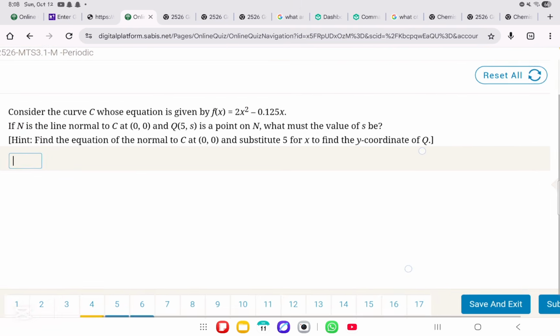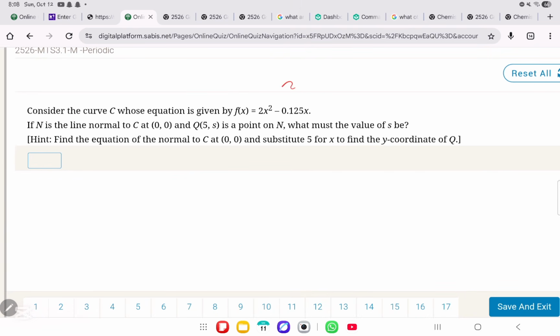We move on to question number 21. Consider the curve whose equation is given by this. They want the line normal to C at point (0, 0) and (5, s). So they actually want us to find the value of s. That means they want us to find the value of y at 5.